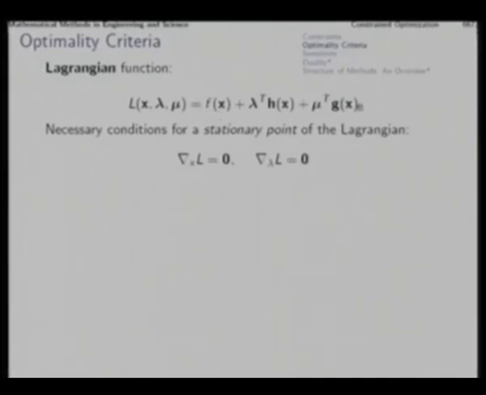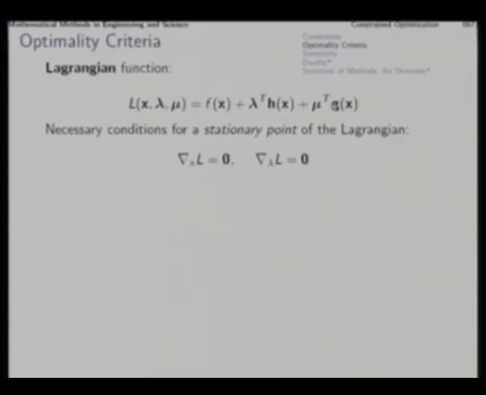This function is described with the help of the objective function and the constraint functions from equality constraints and inequality constraints, along with the Lagrange multipliers, lambdas and mu's. This function is called the Lagrangian of the problem, and this is why these lambdas and mu's are called Lagrange multipliers corresponding to equality constraints and inequality constraints.